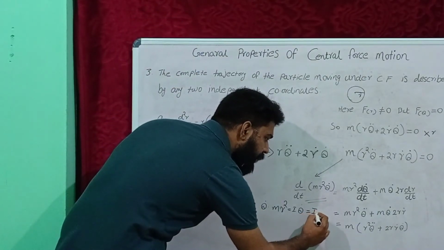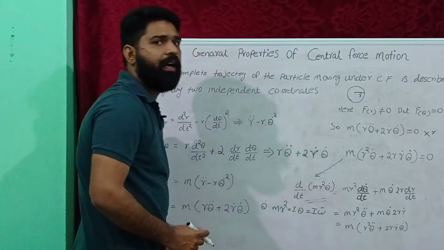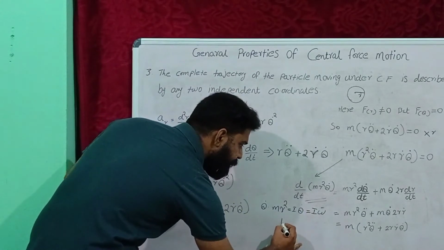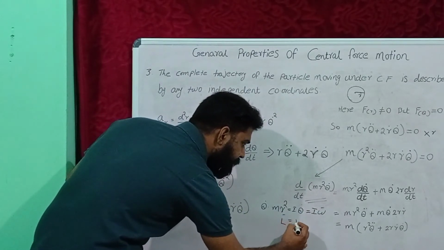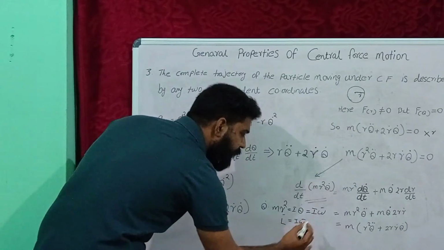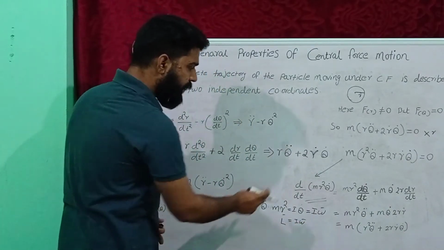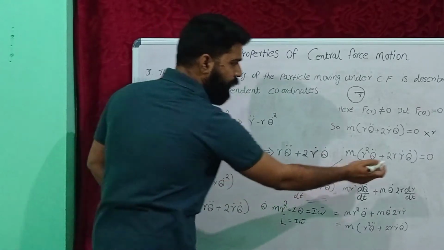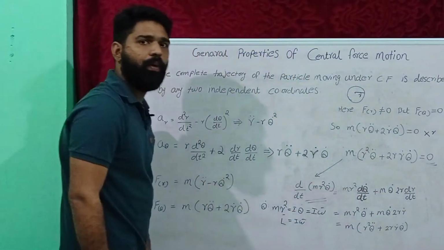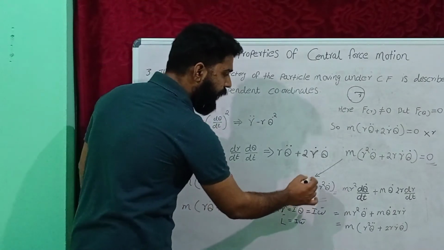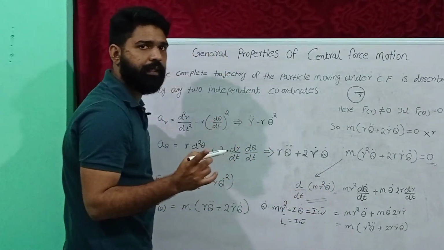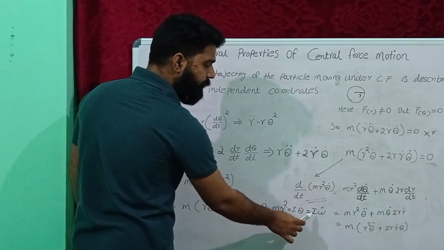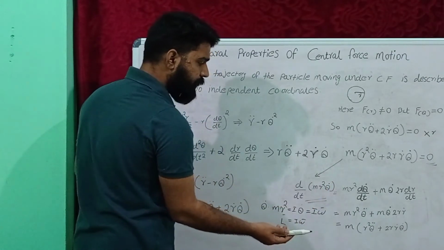This is equal to I omega, the angular velocity term. So d by dt of m r square theta dot equals 0. That means the value of m r square theta dot is constant, so the value of I omega is constant.